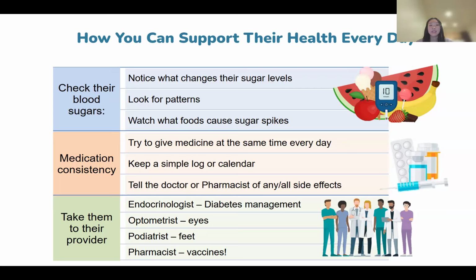And then reporting side effects, trying to give medications at the same time every day for consistency and routine. And then also making sure that their care for diabetes is comprehensive. So that includes going to get your eyes checked, to get your feet checked, and getting your vaccines.